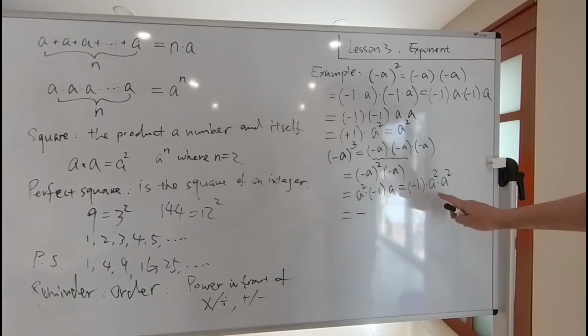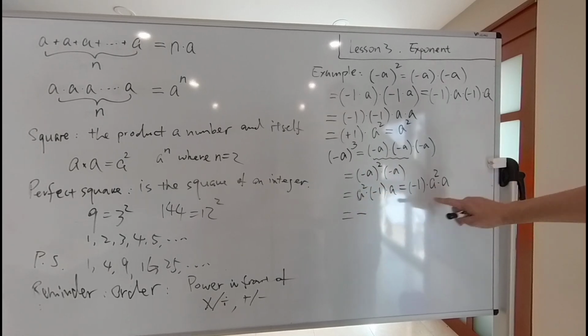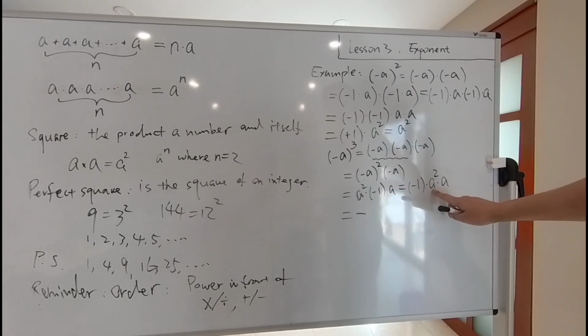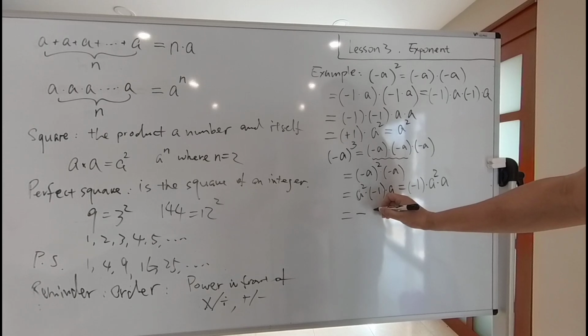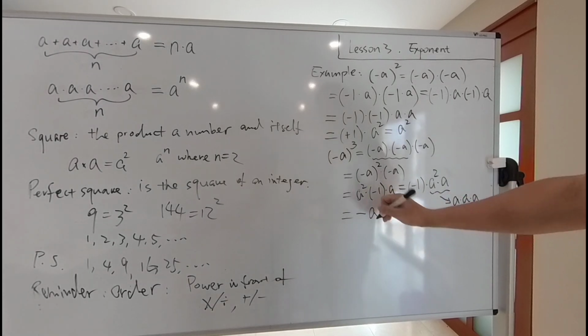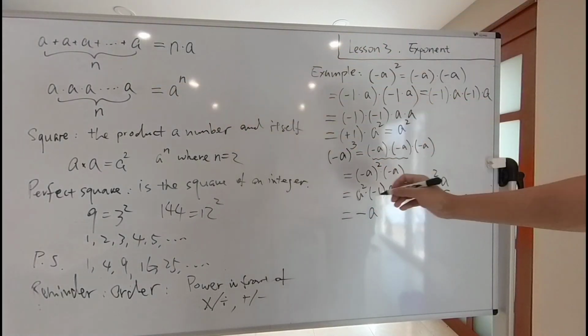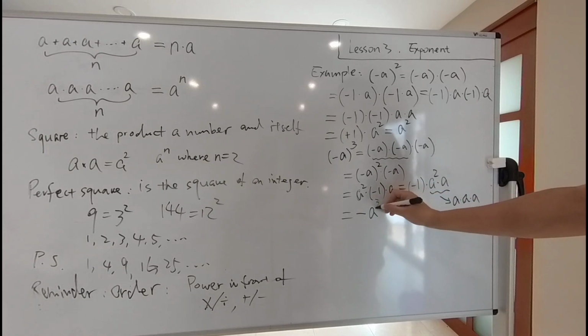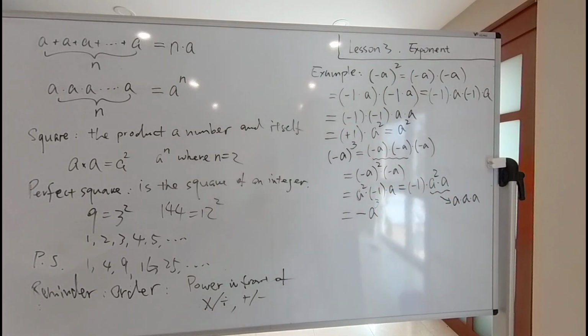So the sign is minus sign. Sorry, my bad. This is a. So then a square times a there. It means you have a times a times a. You have 3 a's. So by the definition, it goes to a to the third power.